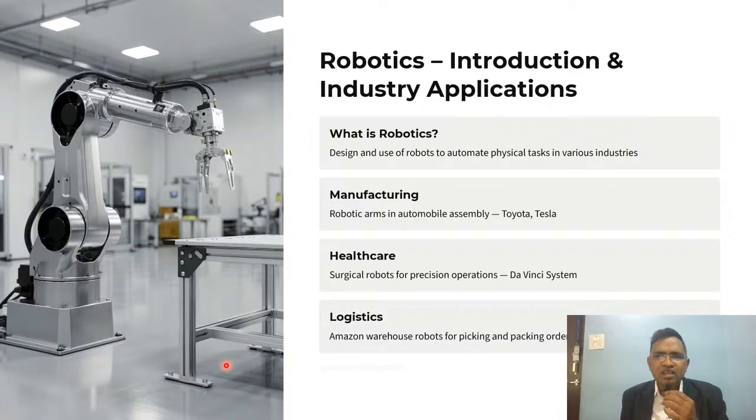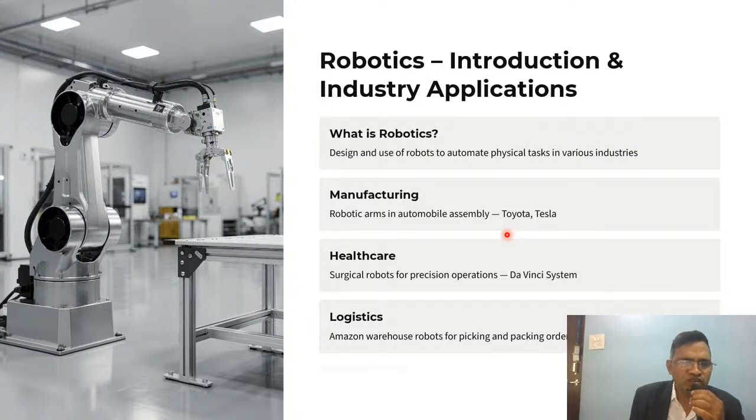Then robotics. What is robotics? The design and use of robots to automate physical tasks in various industries. Instead of doing it physically, the system does it. In manufacturing, like the automobile industry, nowadays Tata, Toyota, Tesla, even Maruti Suzuki, everybody is using robotics.